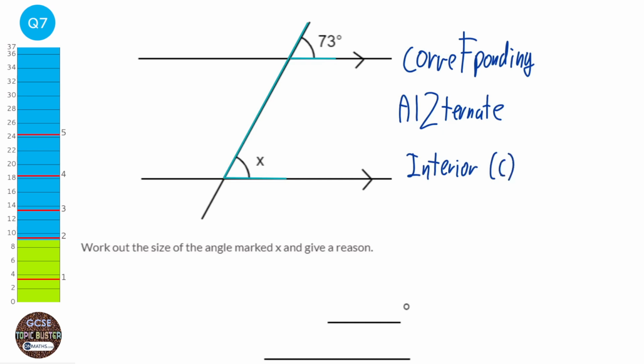So with this question, we've got x is equal to 73 because of F angles, and I just remember corresponding. So the word I write down is corresponding.